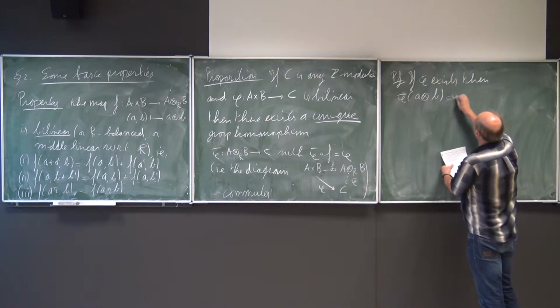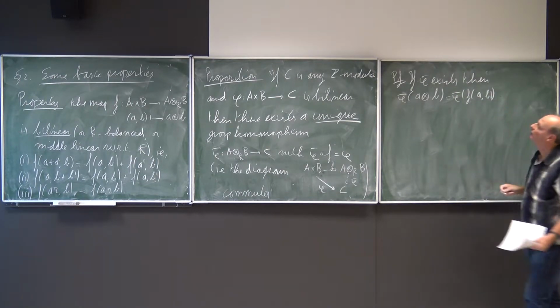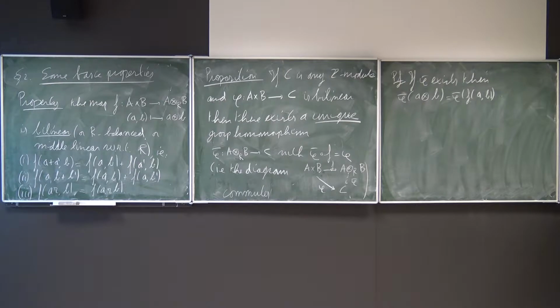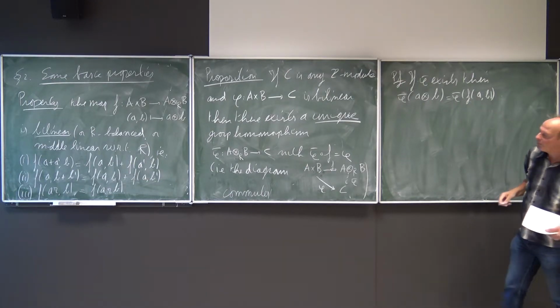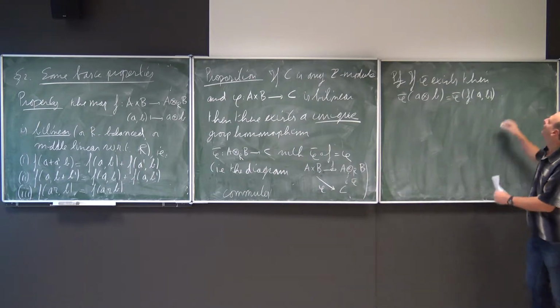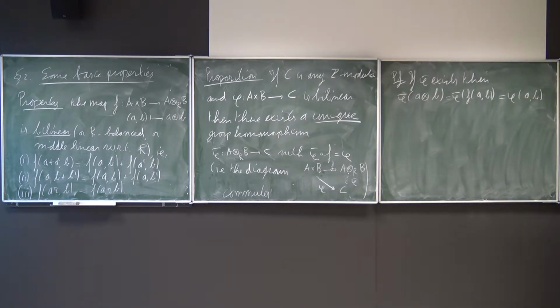And well, this is phi bar of f of (a, b), by definition of f. And this is the composition phi bar after f on (a, b). So if I want to have this property, then we must have that this is phi of (a, b). Okay, phi is given, so that's our only candidate.